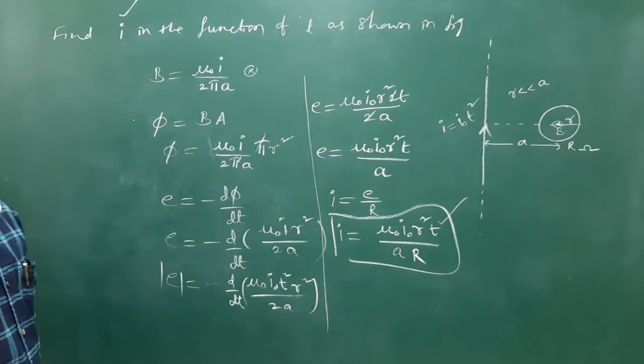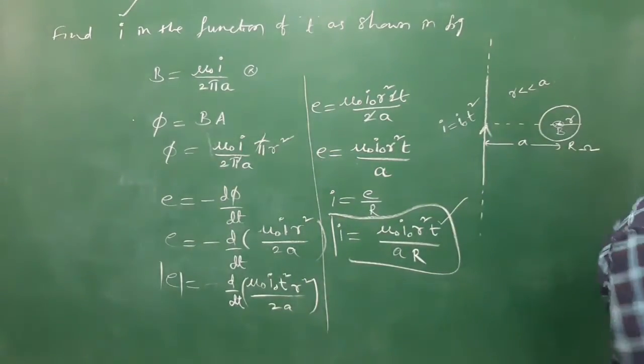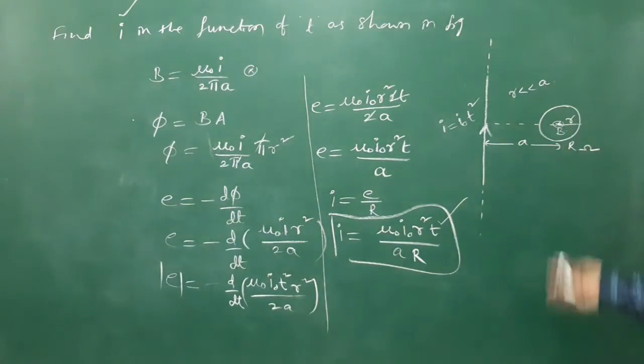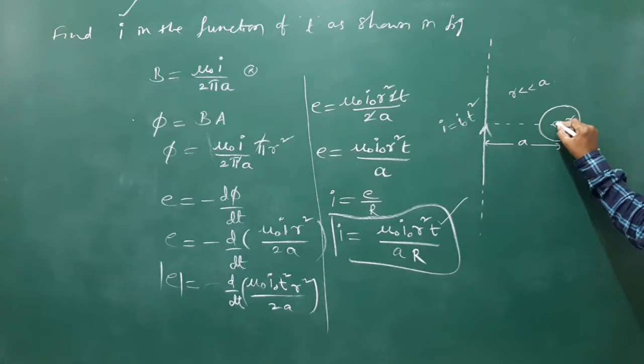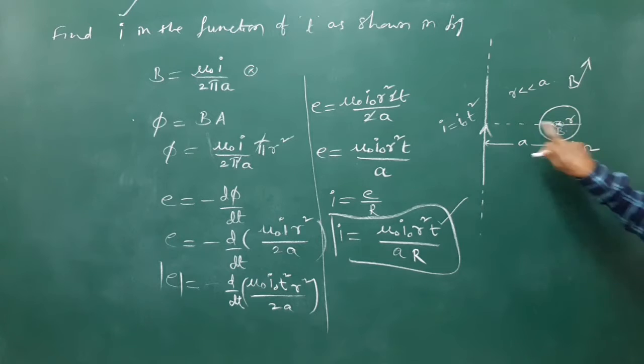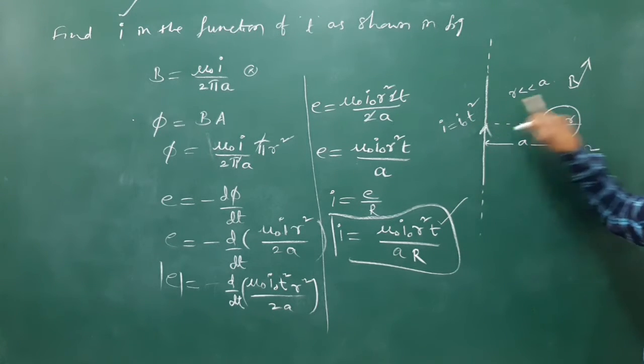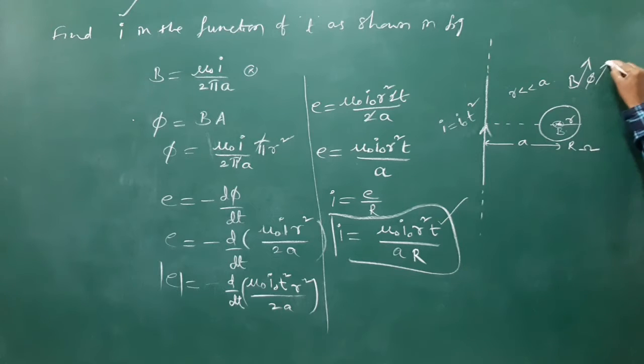Now let us identify the direction by using Lenz's law. You try to identify the direction. So how to identify the direction? See here, this coil is in an increasing magnetic field. The magnetic field is increasing because current is varying. Current is varying, magnetic field is increasing, flux is changing, increasing.